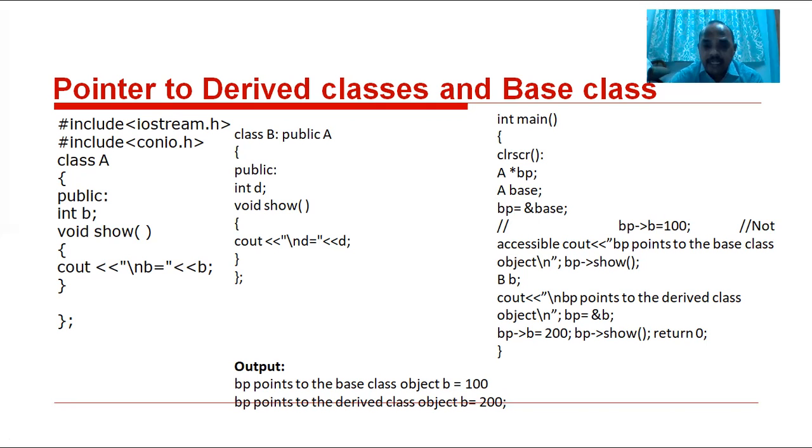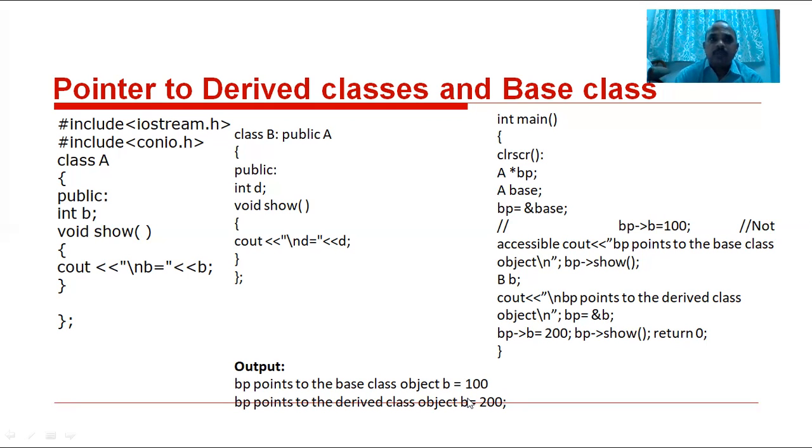Then a derived class address is assigned into the base class pointer. Then simply BP arrow B equal to 200. 200 value is assigned into the B base class address location. Then BP arrow show, this function executes, then displays the B value and return 0.